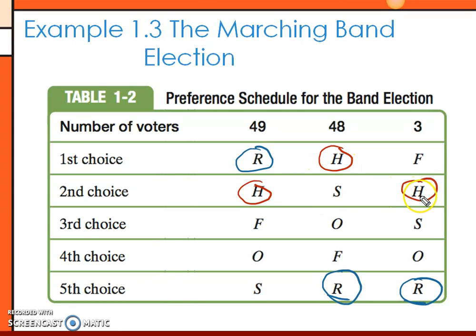These people would probably be moderately happy also, they got their second choice. But if we go strictly with plurality and end up going to the Rose Bowl, we have 49 people who are happy and 51 people who are somewhat angry because that was their last choice. This is a really good example of how plurality is simple because you're only counting first place votes, but a lot of times it really doesn't do the best job describing who the winner would be.